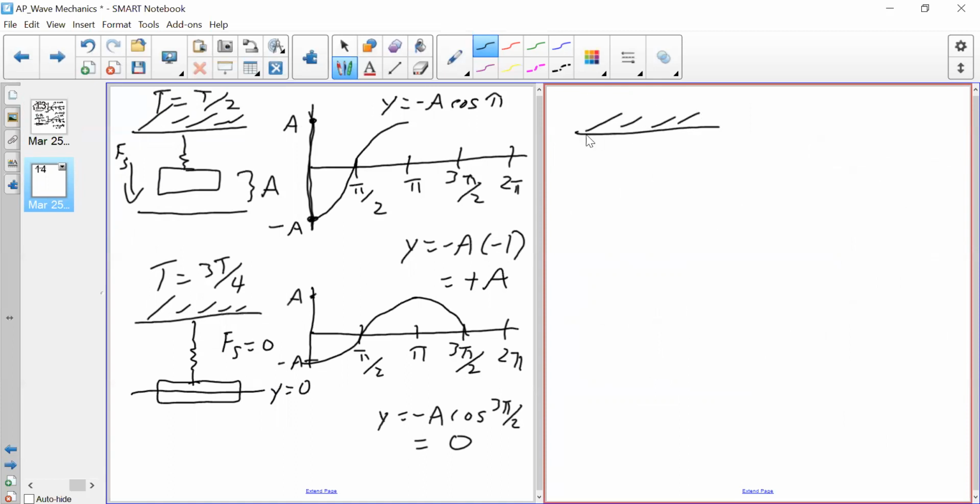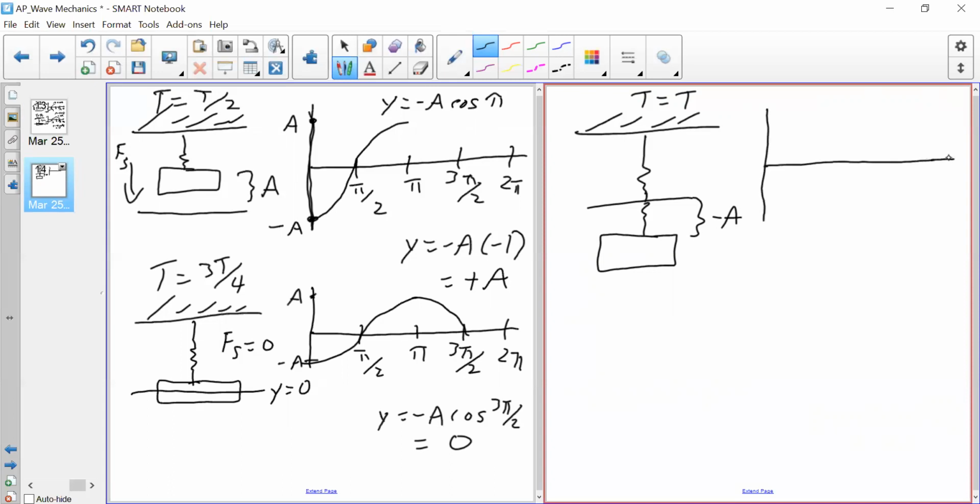So now, after we get to 3T over 4, we go a full period, and now it's back to where it started, at negative A. Remember, even with conservation of energy, we never considered forces.